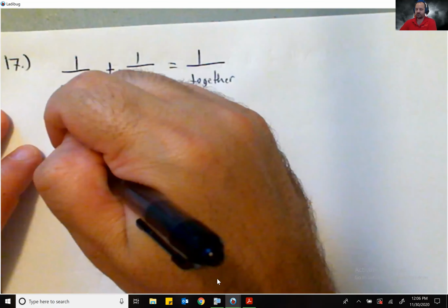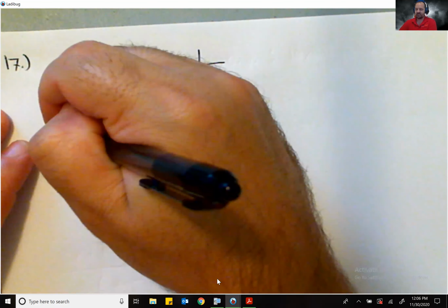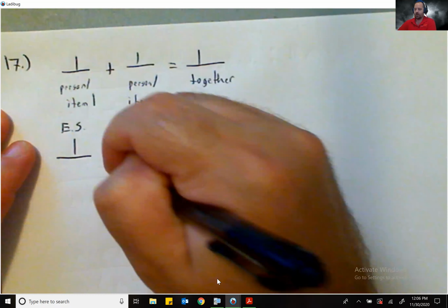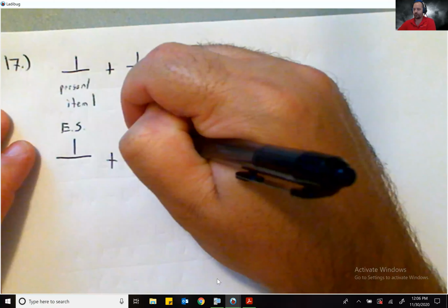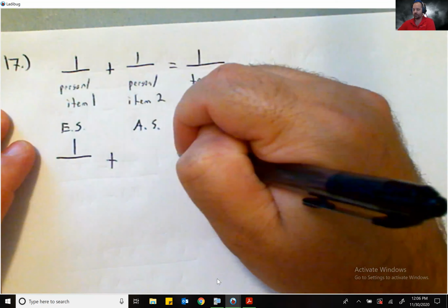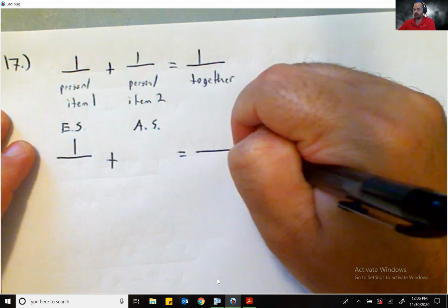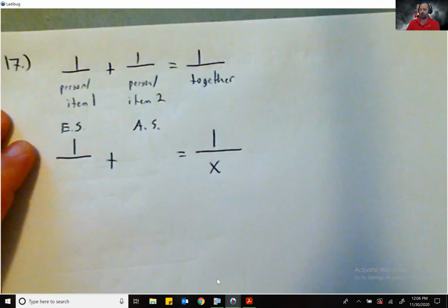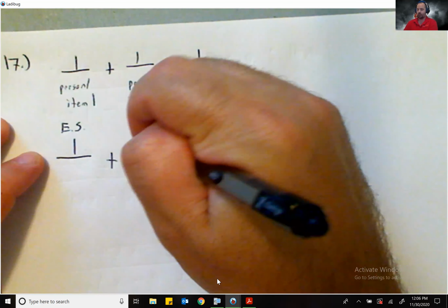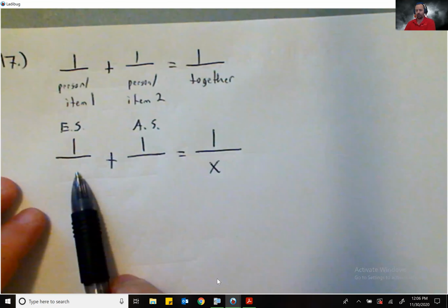So in our case, we have an experienced surveyor, and they want to work together with an apprentice surveyor to figure out how long it will take them. All we have to do is put in our numbers and then solve.